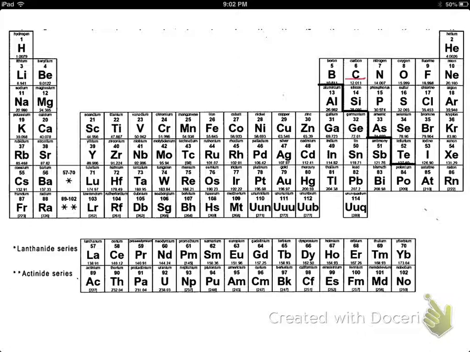Carbon becomes carbide, nitrogen nitride, fluorine fluoride, phosphorus phosphide, sulfur sulfide, selenium selenide, bromine bromide, and iodine iodide.